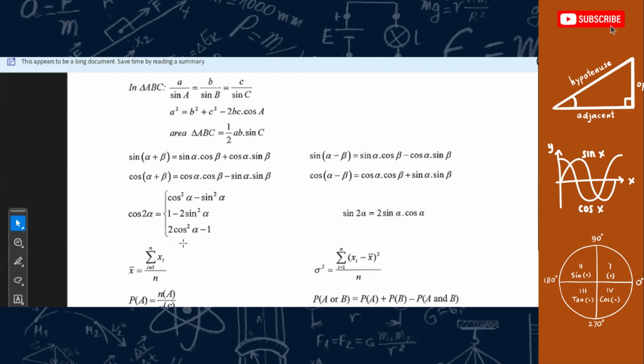You can see the double and the compound angles are definitely here. Those identities are here. The ones that are not here are the ones that we are used to by now.